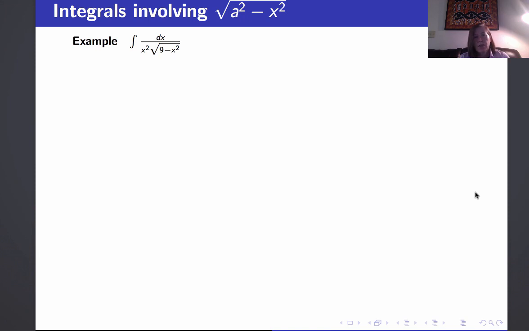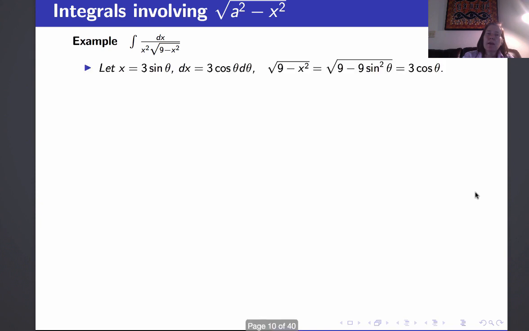Let's try another example. In this case, we have the square root of 9 minus x squared, and 9, of course, is equal to 3 squared. So here a equals 3, and the recommended substitution is to replace x by 3 times sine theta.